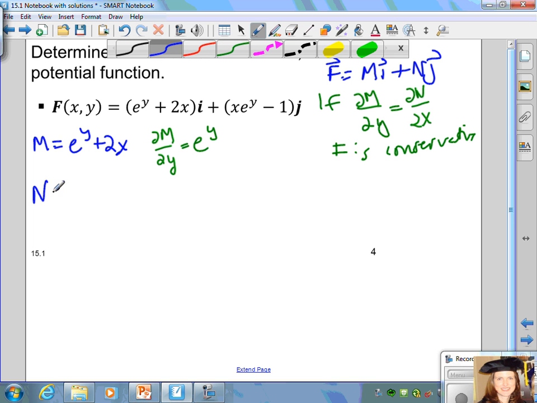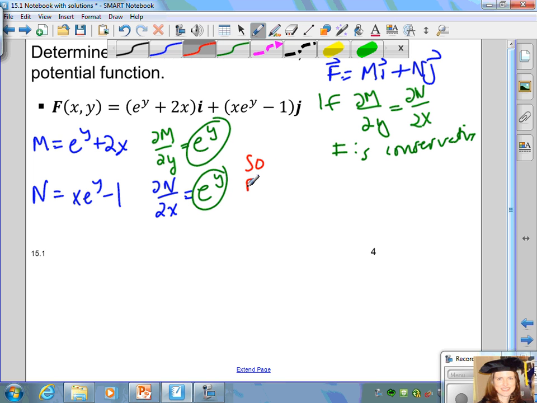Let N equal x e to the y minus 1. We want to take the partial derivative of N with respect to x, treating x as a variable, y as a constant. So x times this constant is the constant, which is e to the y. Now these are the same, so we can say yes, these are equal.